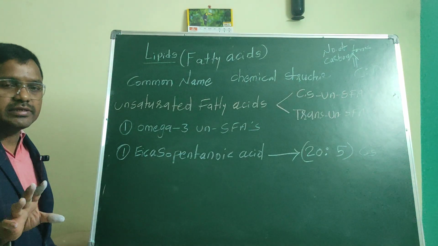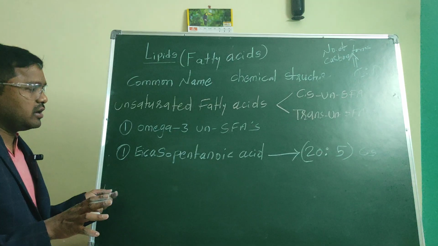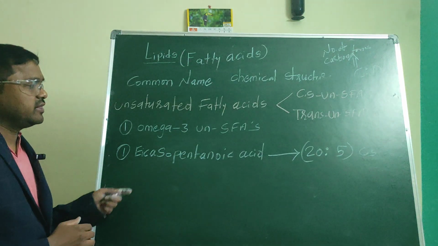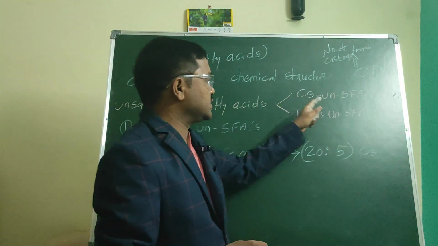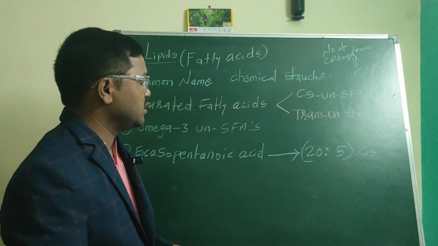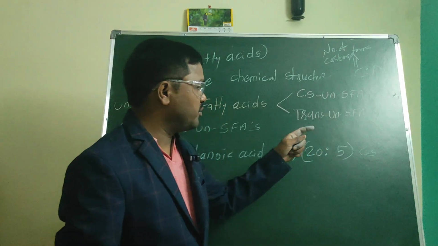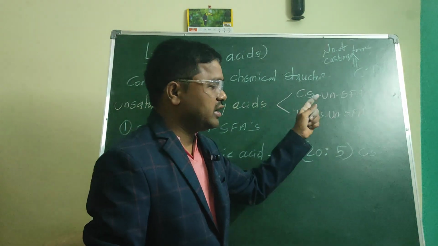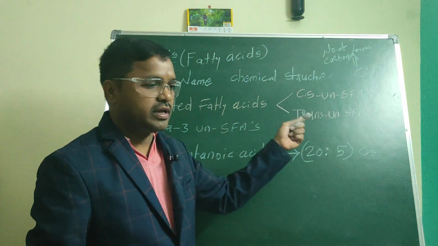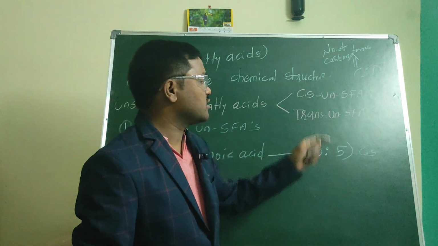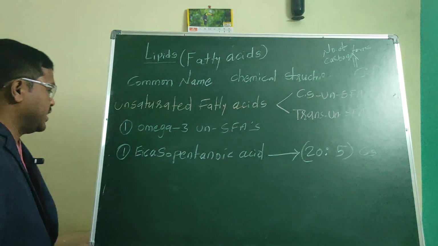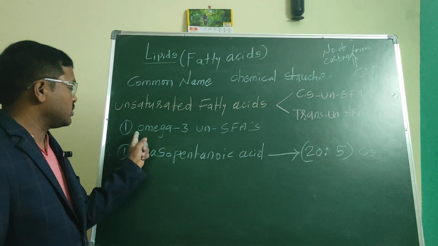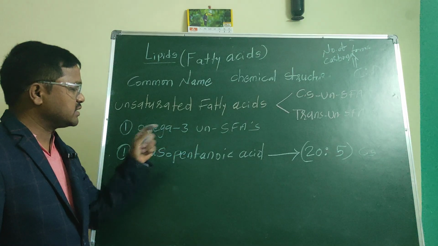If the double bonds between the ethylene bridges are on the same side, then it is called cis unsaturated fatty acid. If the double bonds between ethylene bridges are on different sides of the molecule, then it is called trans unsaturated fatty acid.